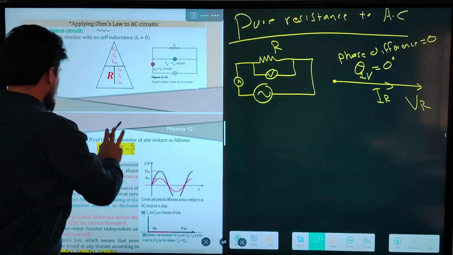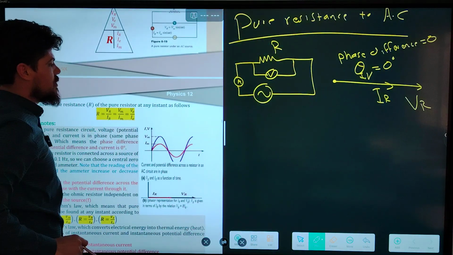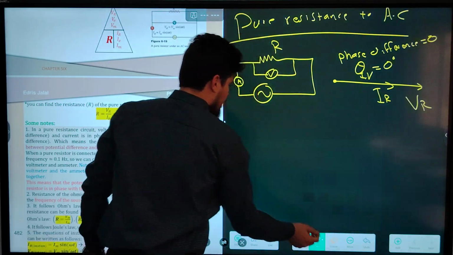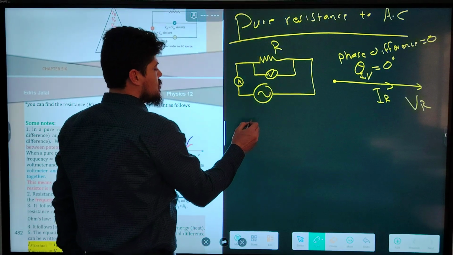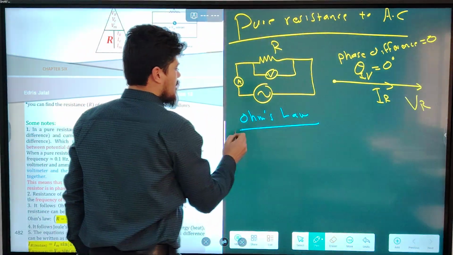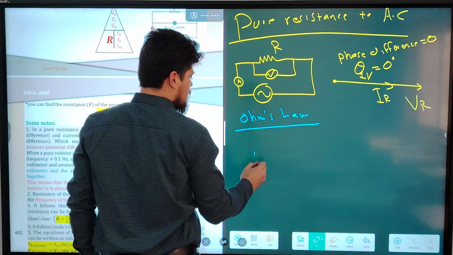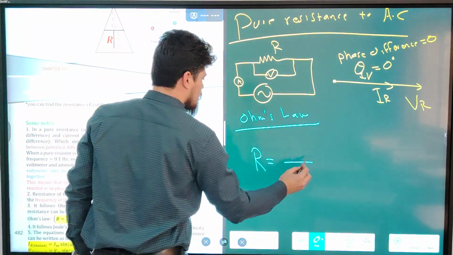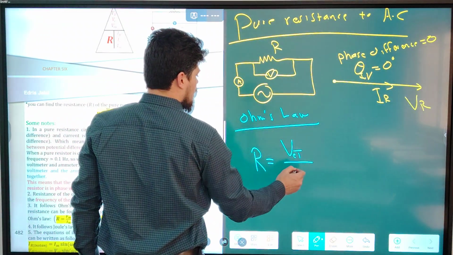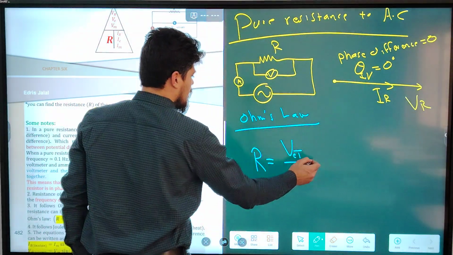And so obeying Ohm's law, we can find the resistance in a pure resistor at each instant. According to Ohm's law, how can we determine the resistance across the resistor?